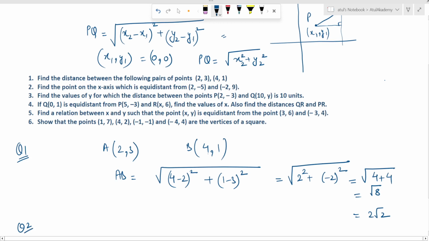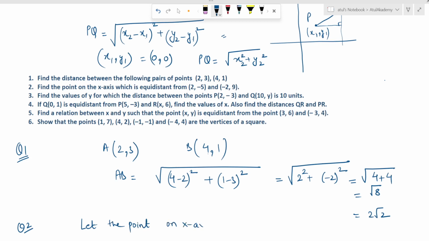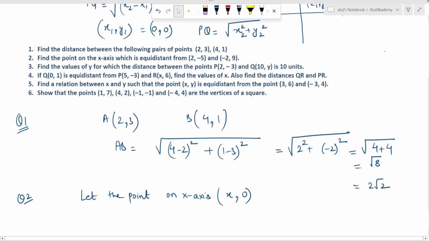Question number 2 says to find the point on the x-axis which is equidistant from these 2 points, (2, minus 5) and (minus 2, 9). When a point is on the x-axis, the point is (x, 0), because the y coordinate has to be 0 as it is lying on the x-axis.